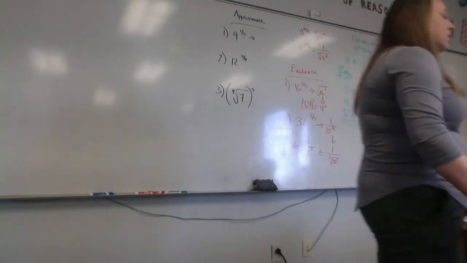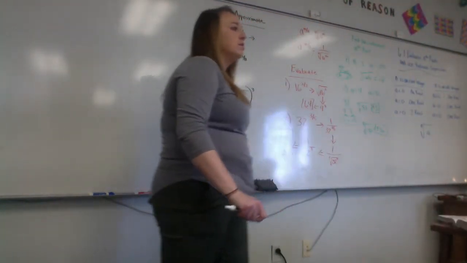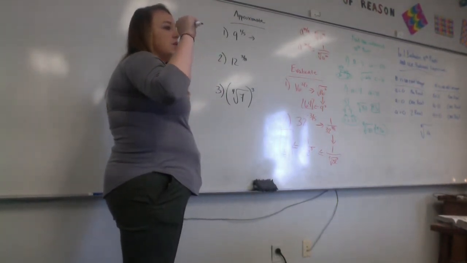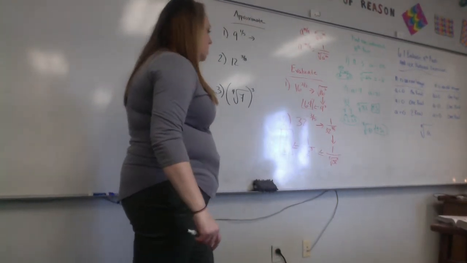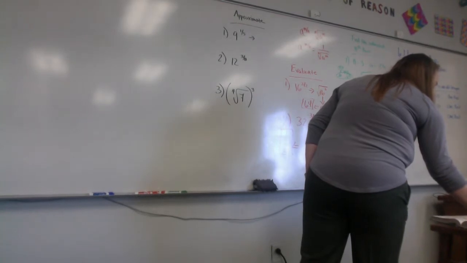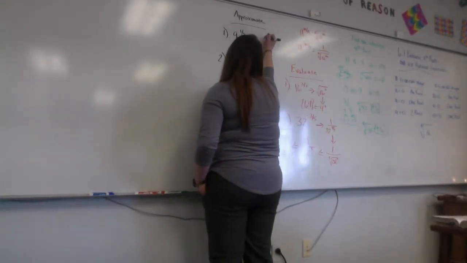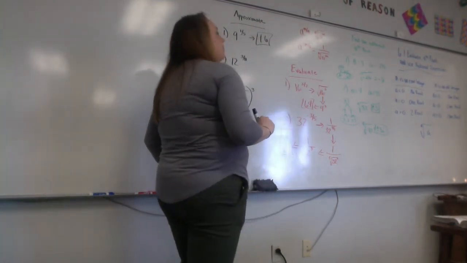There's a fraction button. No, I don't want the fraction button on this. It's divide. Tell me what you get. And let's round to 1 decimal place. 1.6. So when it says approximate, I'm going to get decimal answers most likely.